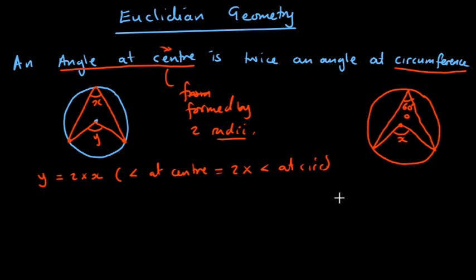What will be the value of x? For us to calculate the value of x, we know that x is equal to 2 times 60 degrees.